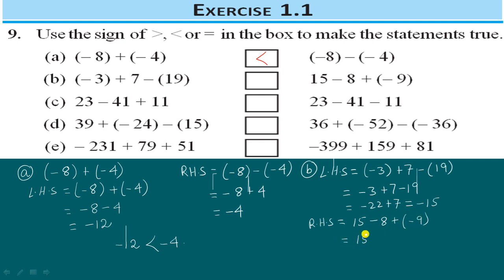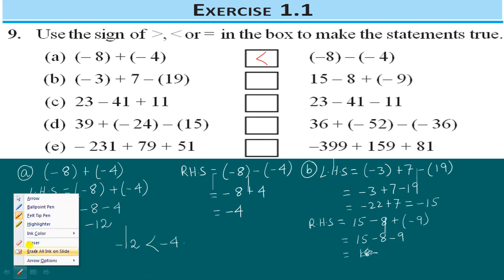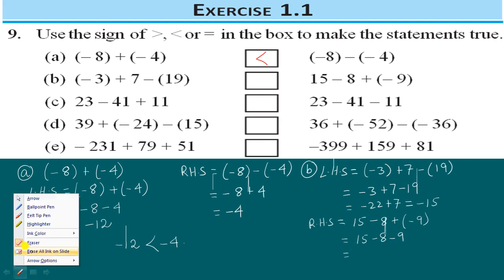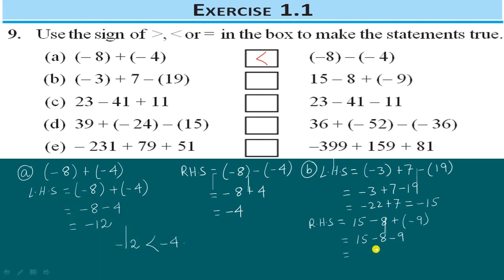That we are getting 15 minus 8 plus into minus is minus 9, or we are getting 15 minus 9, 8 is 17, that is equal to minus 2.